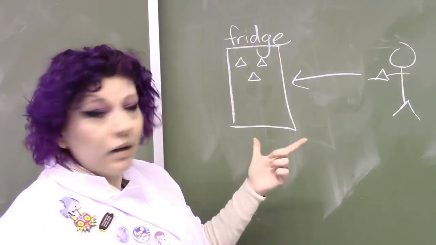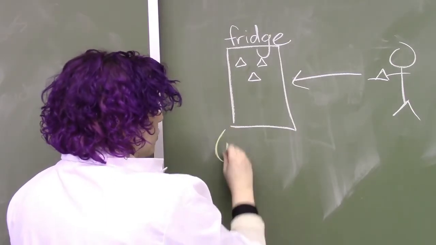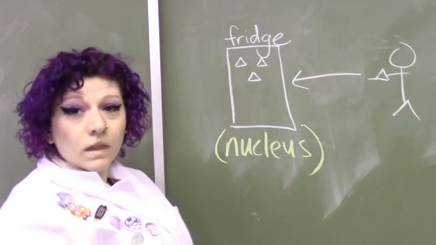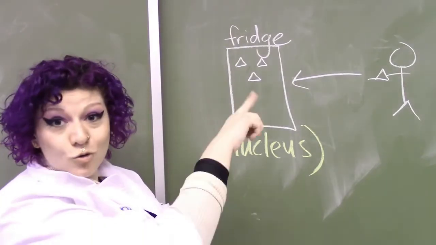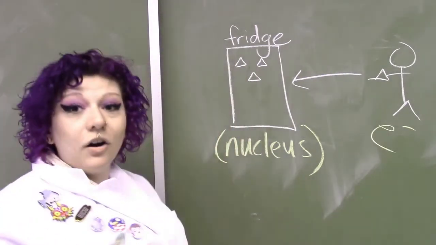Consider that the fridge is the nucleus of our atom. And consider that you, with your magnet, you are the electron off in the cloud.